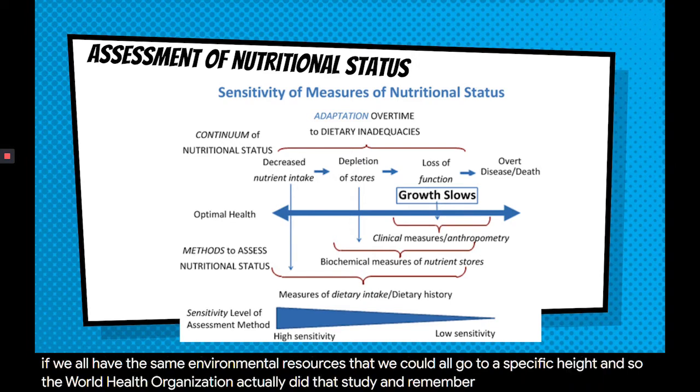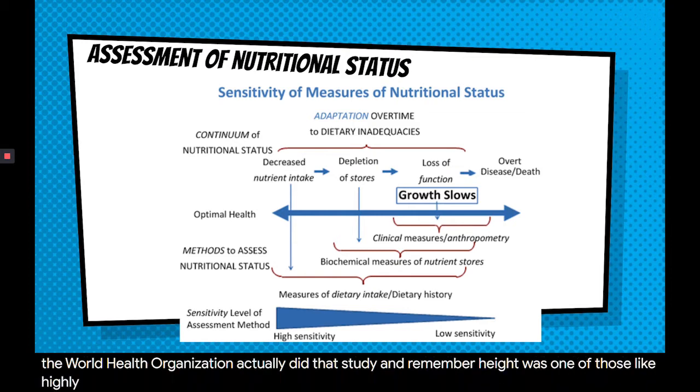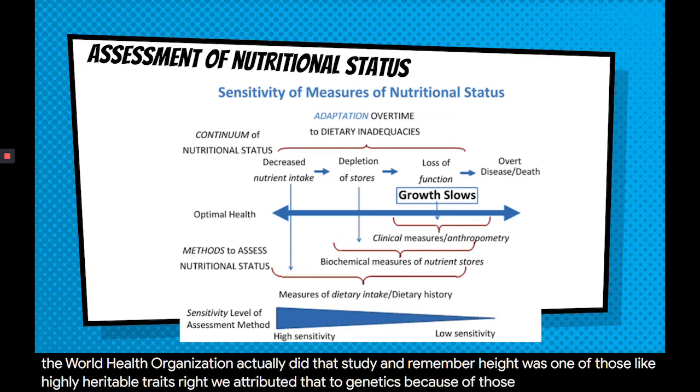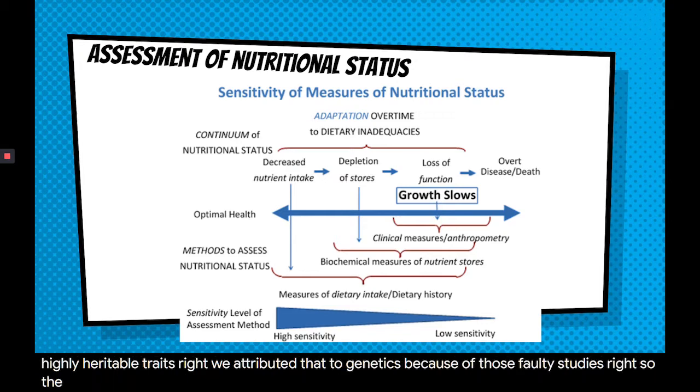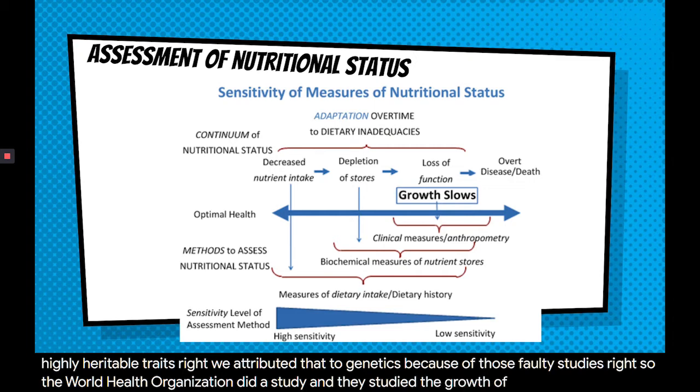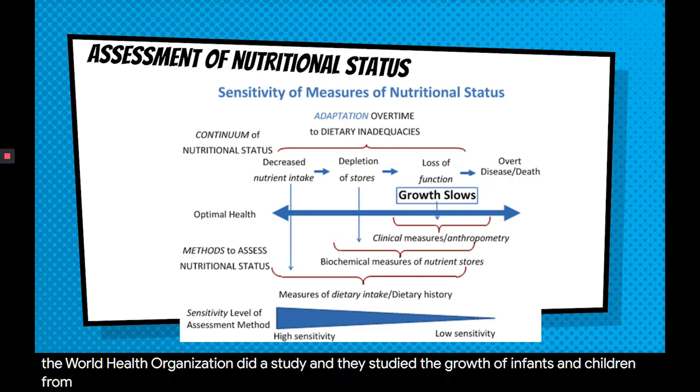And remember, height was one of those highly heritable traits, right? We attributed that to genetics because of those faulty studies. So the World Health Organization studied the growth of infants and children from 6 different continents who were healthy at birth and breastfed for at least 6 months.